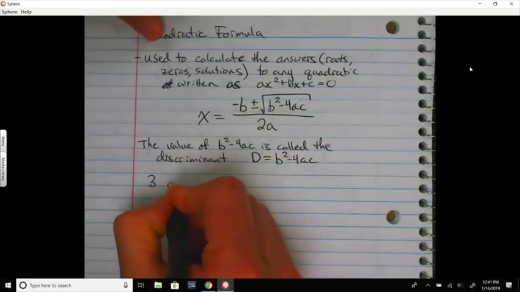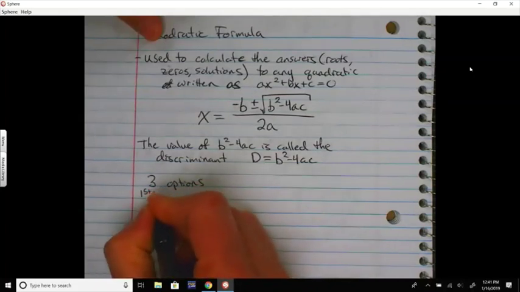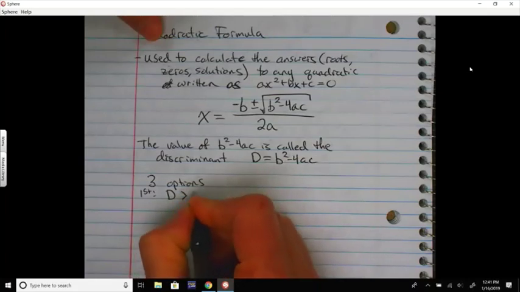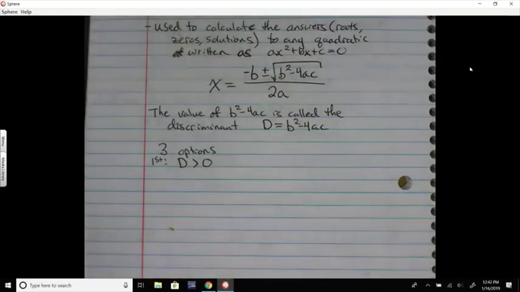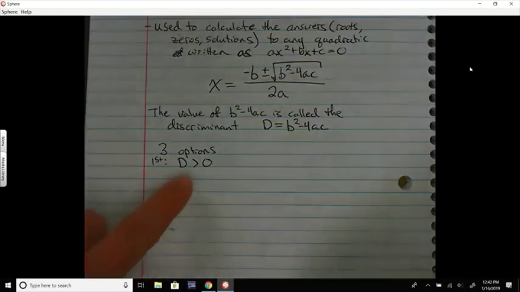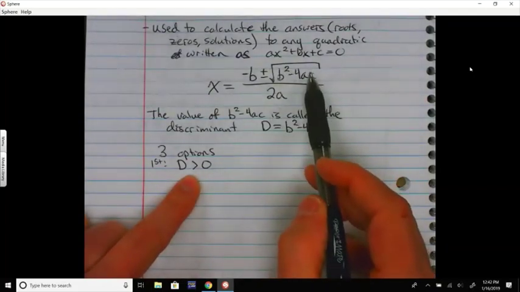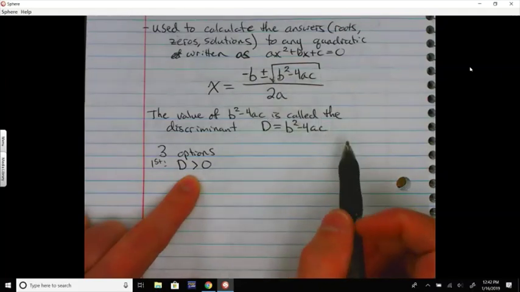And we're going to have three options. The first is the discriminant, the b squared minus 4ac, is greater than 0. It will be negative at times. So if your discriminant is greater than 0, can I have a square root of a number then? Yes. Can I plus that number and minus that number?